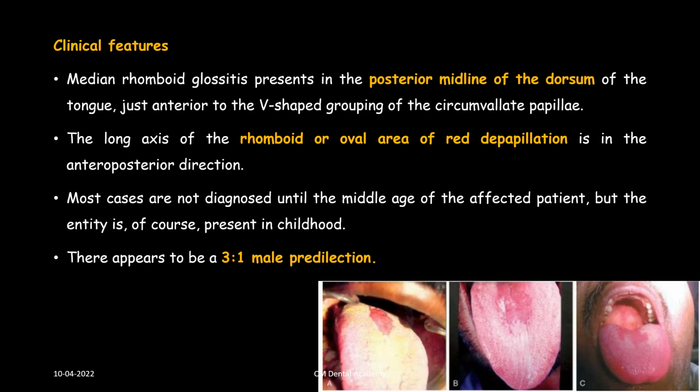Most cases are not diagnosed until the middle age of the affected patient, but the entity is of course present since childhood. It appears with a male predominance in a ratio of 3:1. The picture shows the median rhomboid-shaped depapillation in the anterior-posterior direction. You can see here.